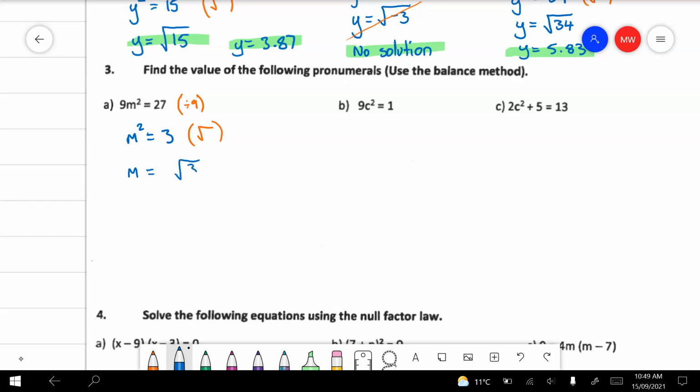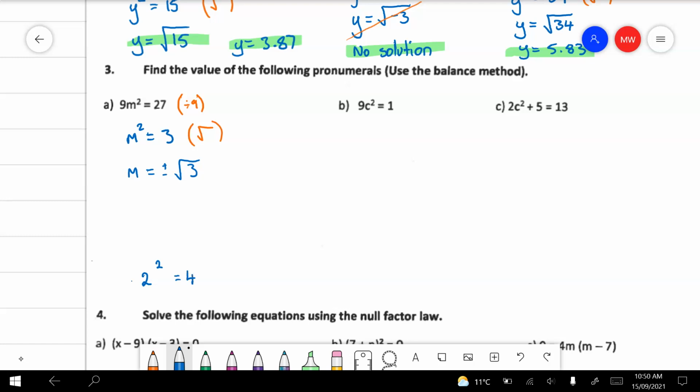root 3, but we need to be careful here. And I was looking at that in the question before this one as well. If m squared equals 3, then m could be positive or it could be negative. And I'll try and elaborate on that, because if we chose a number that we know, so let's say that we're doing 2 squared, for example, that's 2 times 2, which gives us 4.